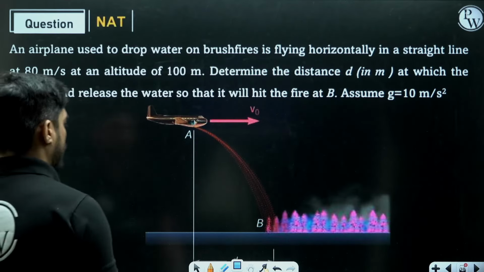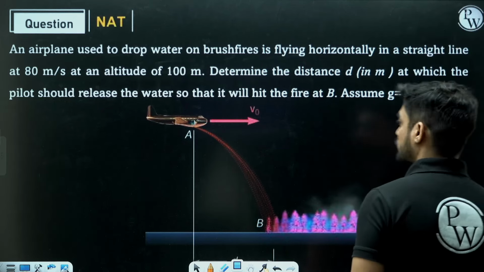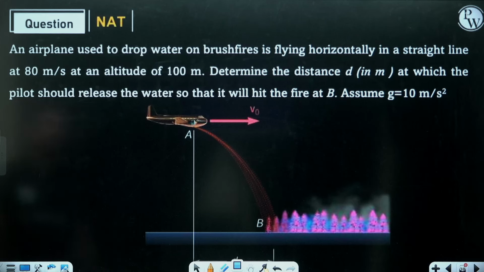Now consider this one. An airplane used to drop water on bushfires is flying horizontally in a straight line at 80 meter per second at an altitude of 100 meter.